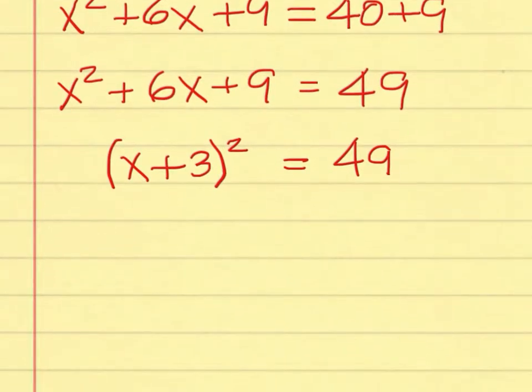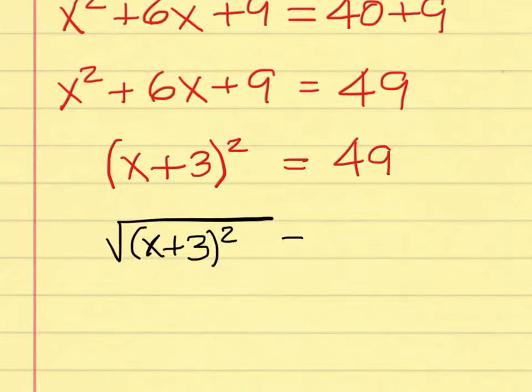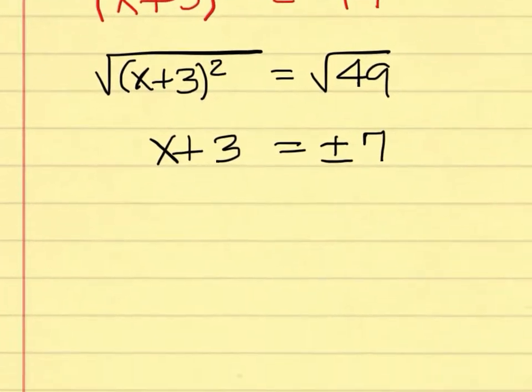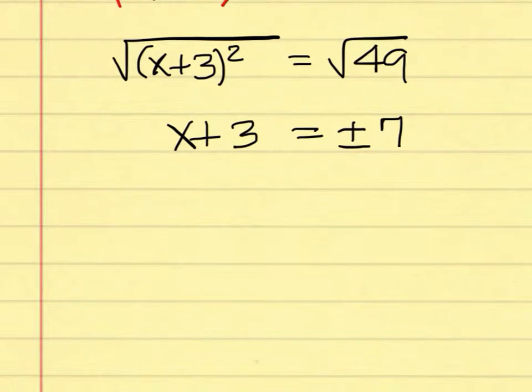Now, to solve for x, we have to find the square root of both sides. The square root of the quantity squared of x plus 3 is simply x plus 3. The square root of 49 is plus or minus 7. So now you have two equations to solve.